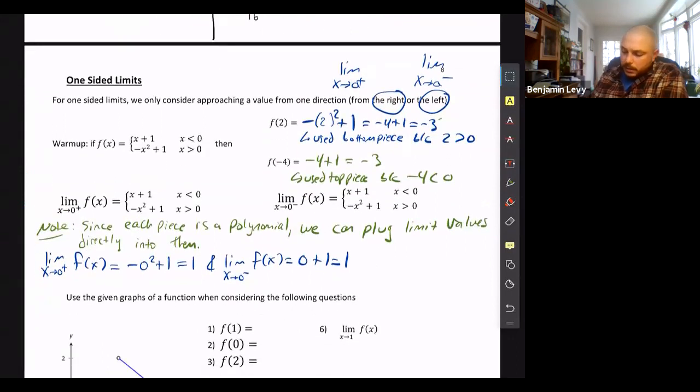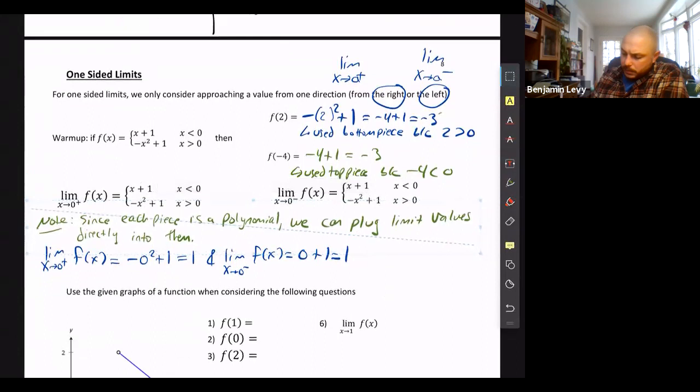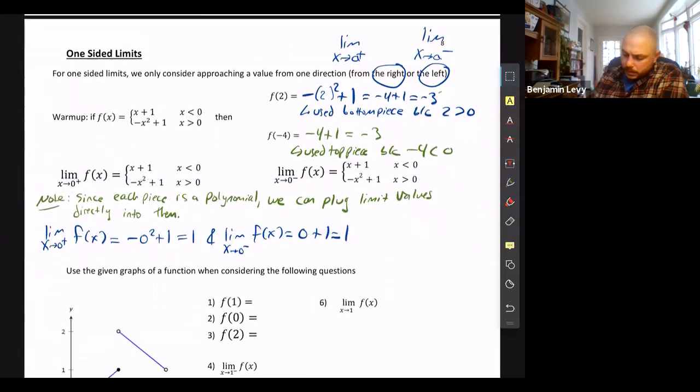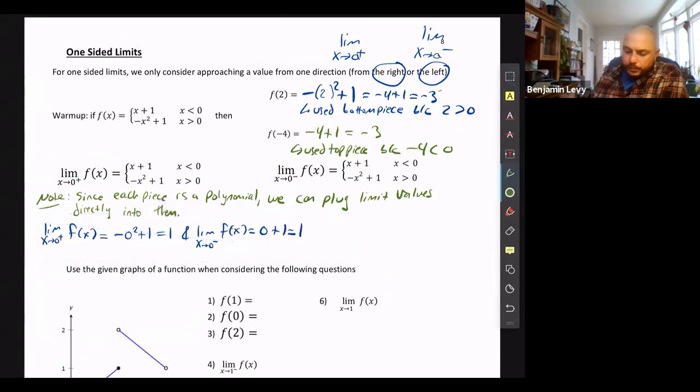Let me see if I can give myself some more room here. Great.